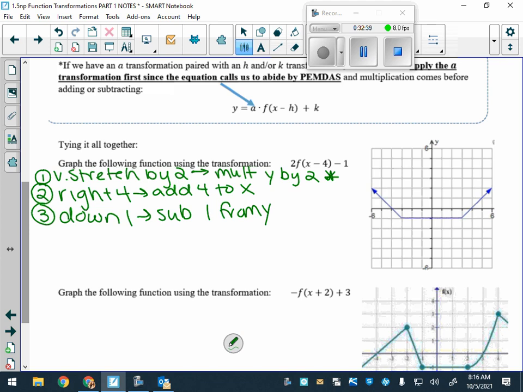All right. So if you want to use some key points to help you transform this graph, you could use those 4, which are -5, 1, -3, -1, 3, -1, and then 5, 1.